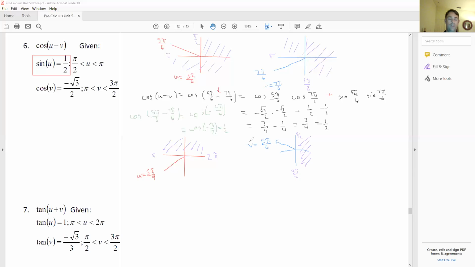So that's v. Well, 5 pi over 4 and 5 pi over 6, those don't have a common denominator, so I'm going to have to do this a long way, whether I want to or not. So tangent of u plus v. So that's going to be the same thing as tangent of u, tangent of 5 pi over 4, plus 5 pi over 6.